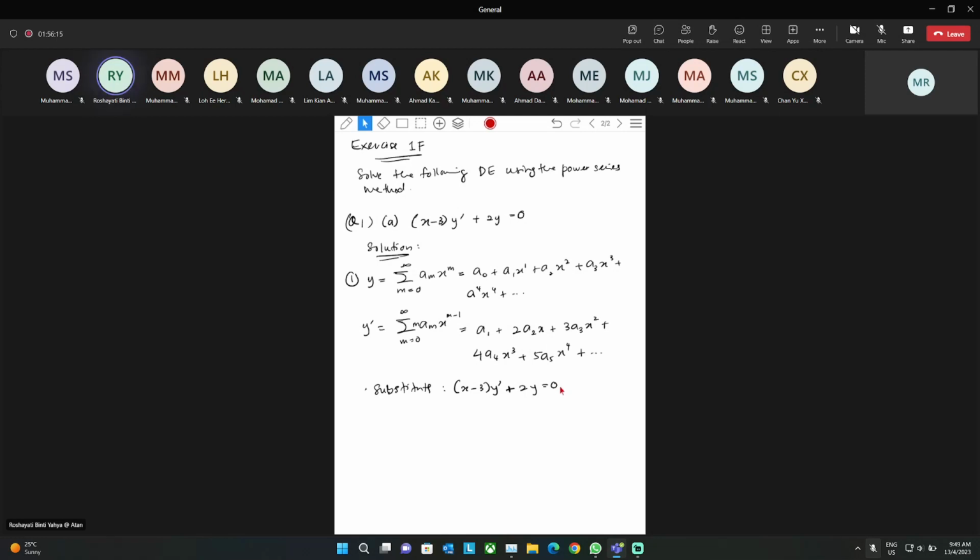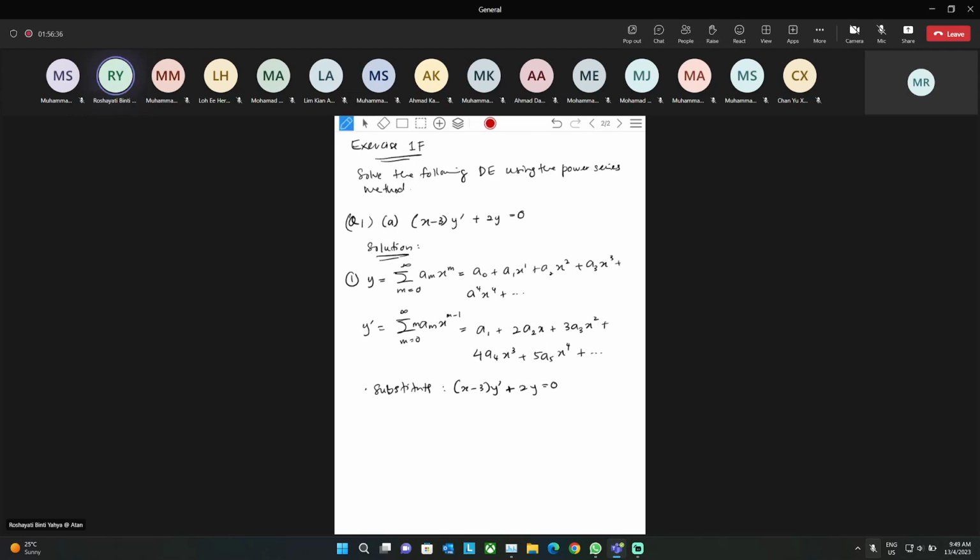But if you just want to stick with this equation, you can do so. So I want to stick with this equation, meaning on my right hand side, I want to stick with 0.